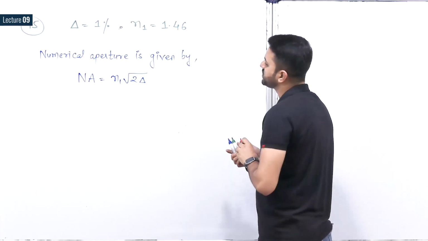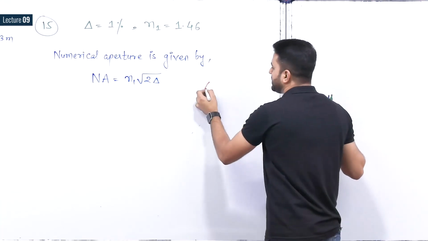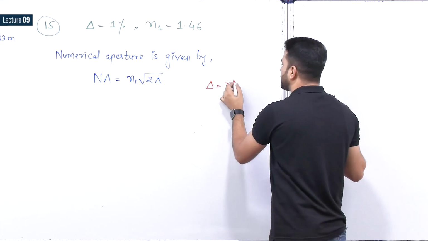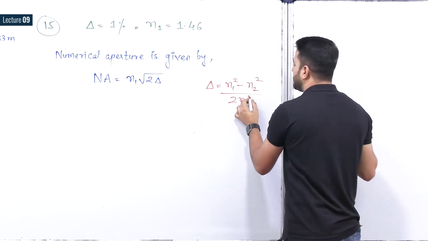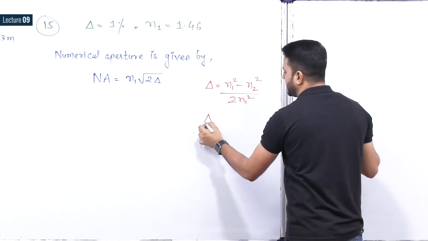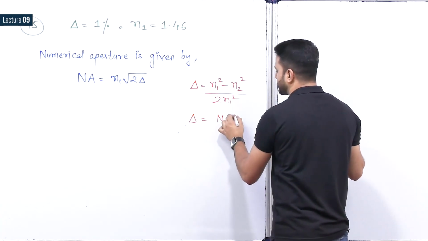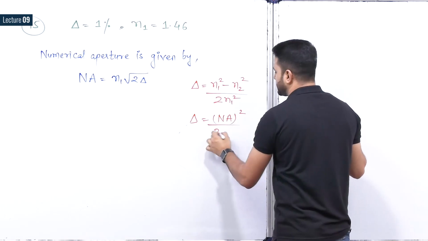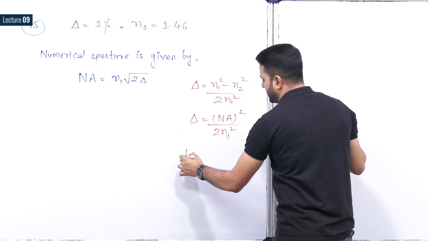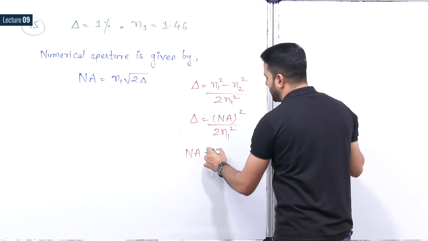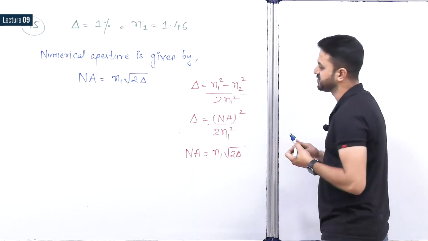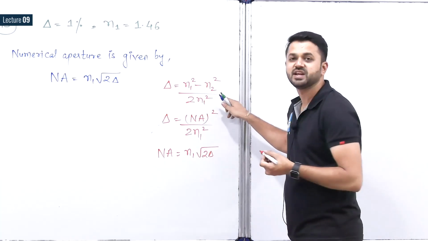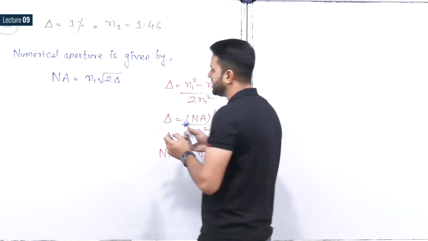See how you can remember this formula. You can remember that delta is equal to n1 square minus n2 square divided by 2n1 square. So this is nothing but delta is equal to numerical aperture whole square divided by 2n1 square, and hence the value of numerical aperture will be n1 into root 2 delta. This is the original definition of relative refractive index difference.